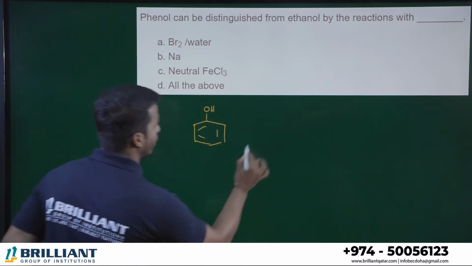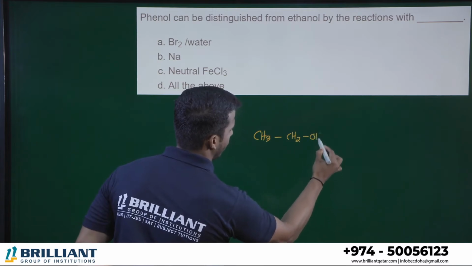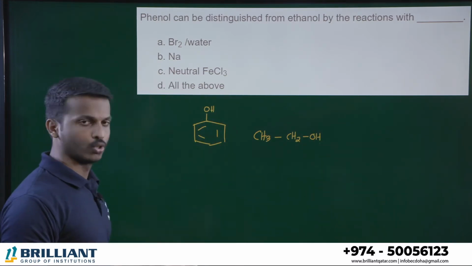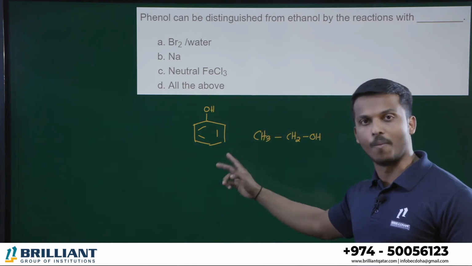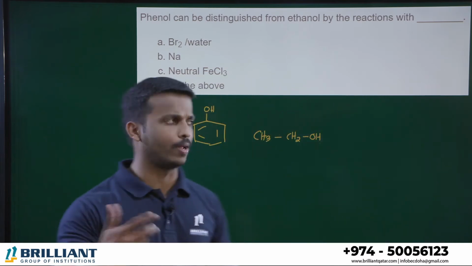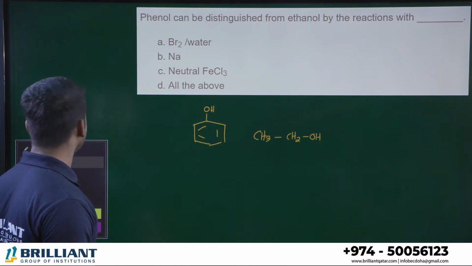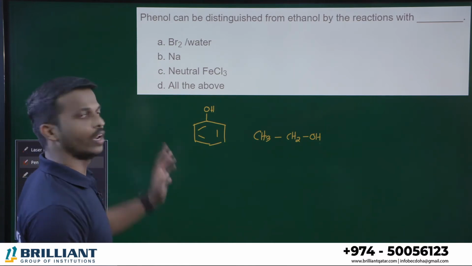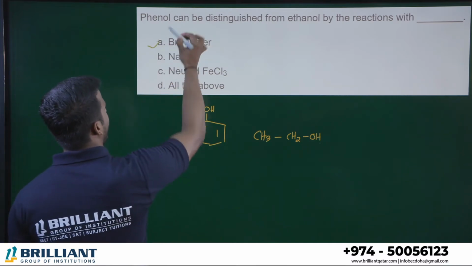And ethanol means CH3CH2OH. Through which chemical technique can we distinguish between these two compounds? This is phenol, this is ethanol. Simple. You may study the bromine water test and the neutral ferric chloride test. Which of the tests, dear student? We can go with A and C.